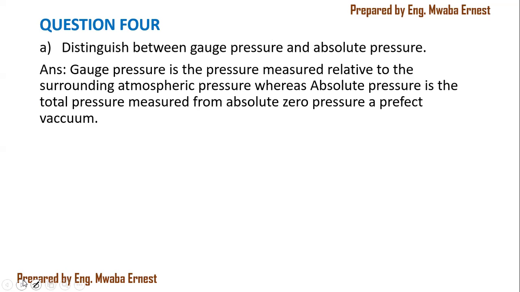But of course, in practice, there are cases where we cannot afford to do that. Then absolute pressure is the pressure measured above a perfect vacuum, the absolute zero. In other words, when you add gauge pressure and atmospheric pressure, you arrive at the absolute pressure.